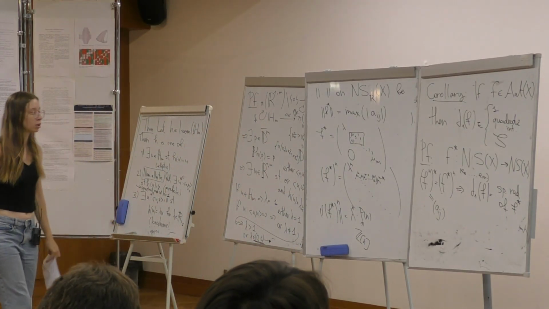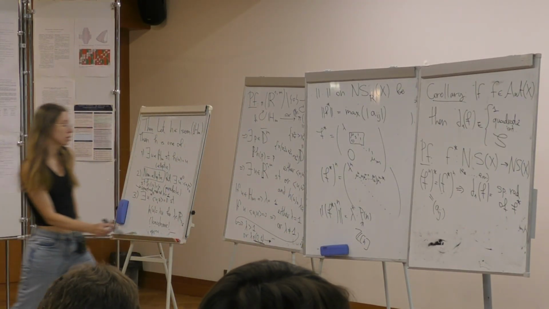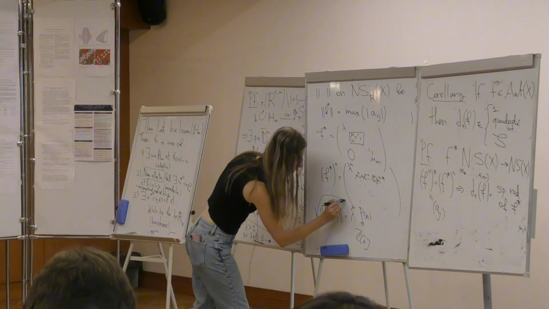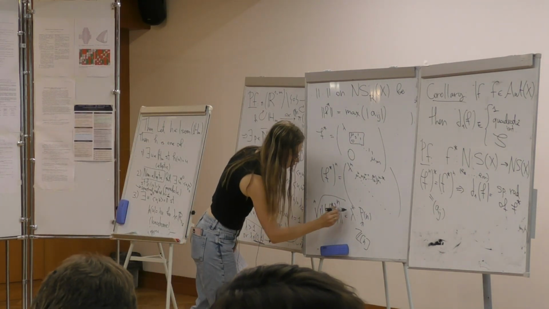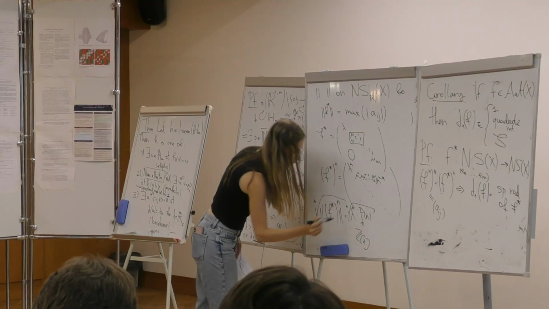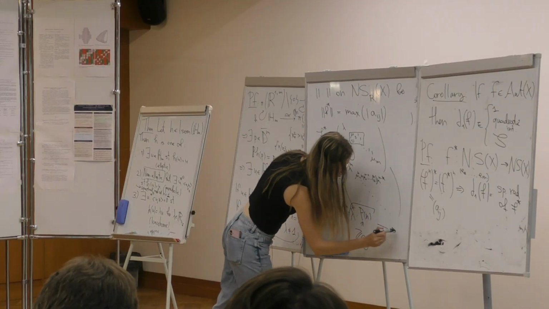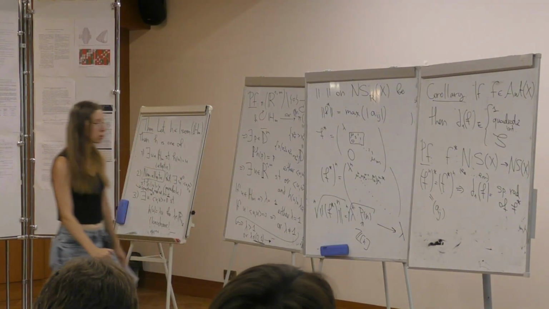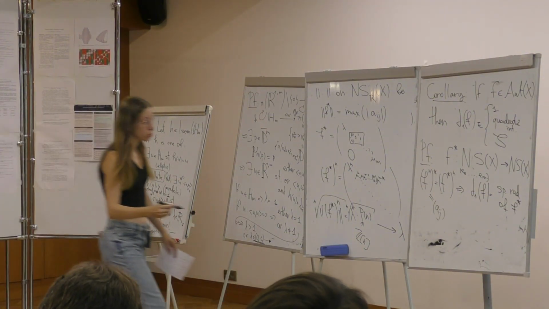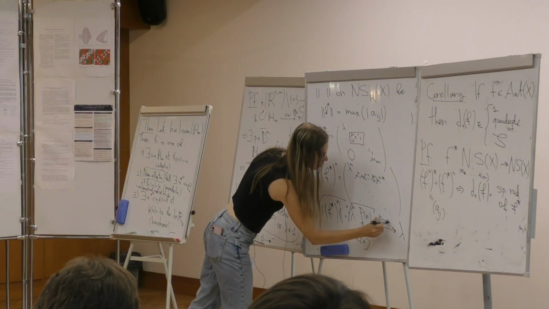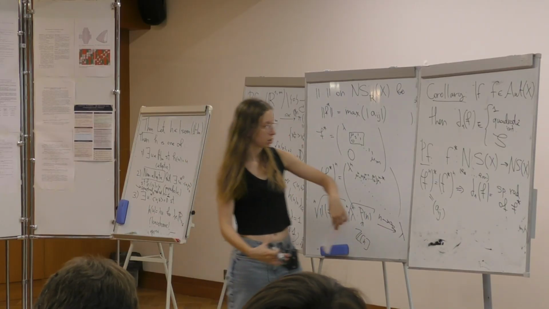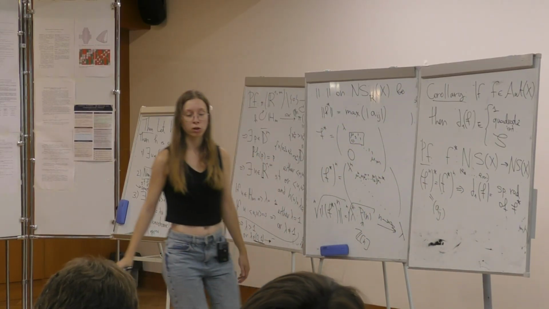We want to compute the dynamical degree, so we should take the nth root, and you can see that this converges to lambda when n goes to infinity. This fact is just linear algebra.